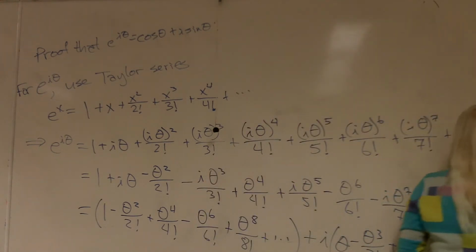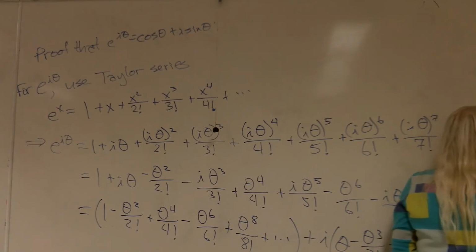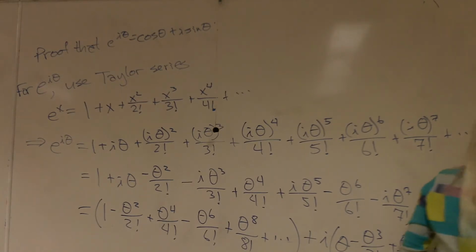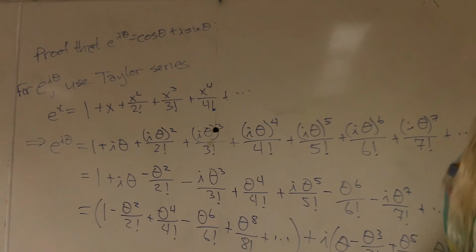Similarly, the Taylor series for sine x is x minus x cubed over 3 factorial plus x to the 5th over 5 factorial minus x to the 7th over 7 factorial. I'm sorry, this is not correct because I don't have the signs written here. This would be minus 1 to some power. Let's see, 2n minus 1. Does that work?